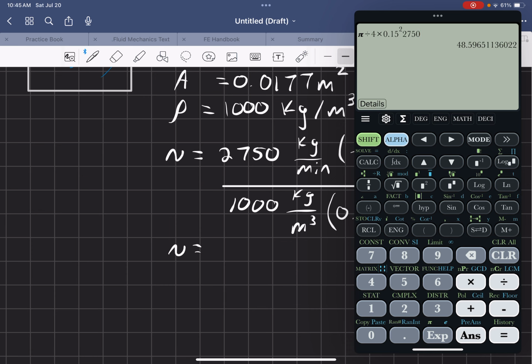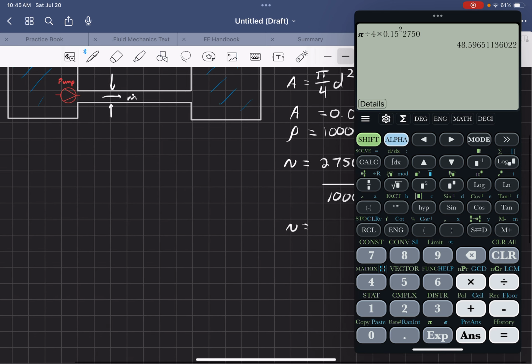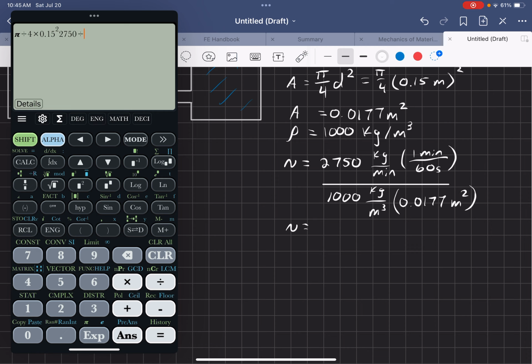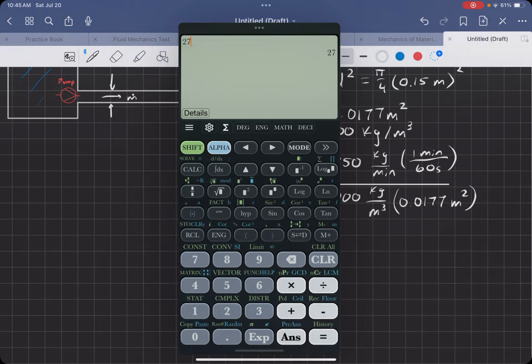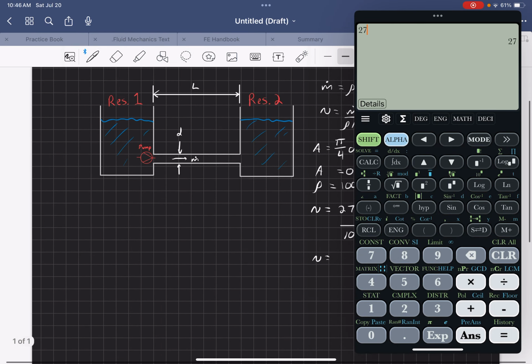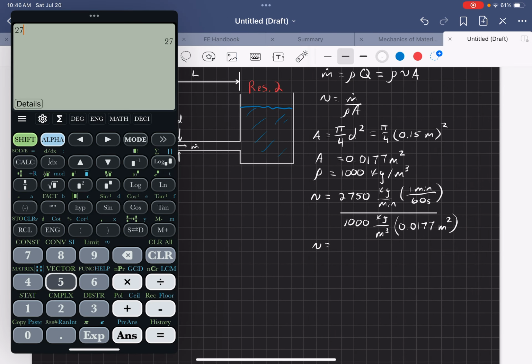So our velocity is equal to 2750 divided by 60 divided by 1000 divided by 0.0177.